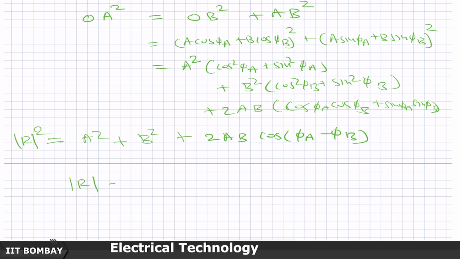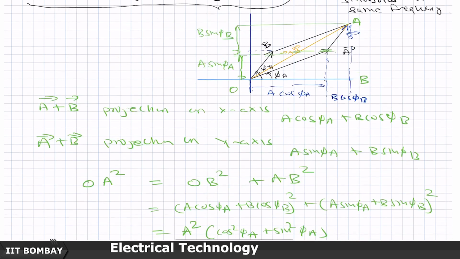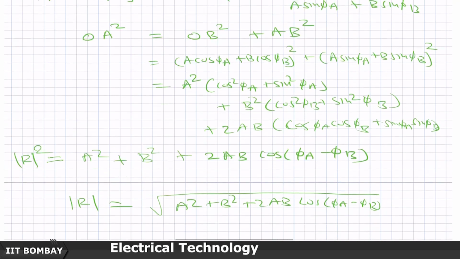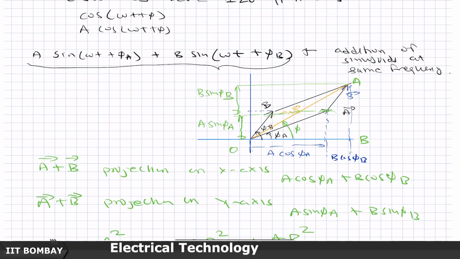So the resultant vector will have a magnitude of A square plus B square plus 2AB cos of (phi A minus phi B), and let's say the resultant makes an angle of phi, then tan of phi is AB by OB.